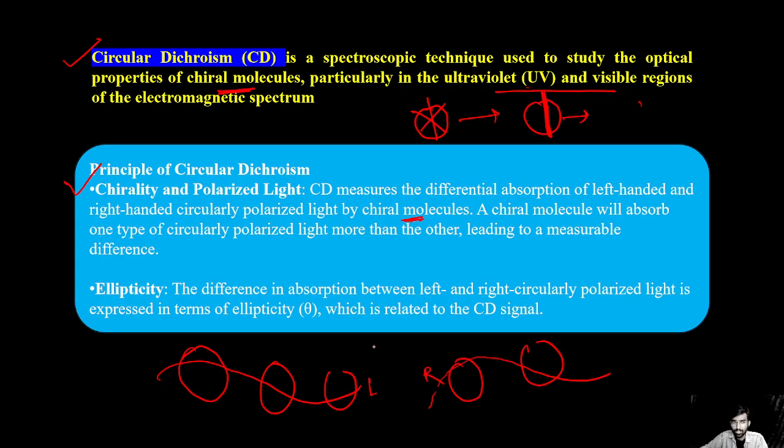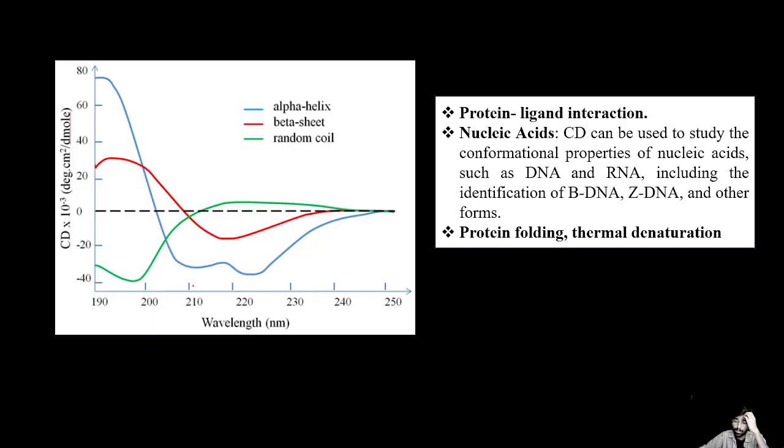We can deduct these two, left and right, and then we can get the ellipticity, right? So through circular dichroism, you can find out secondary structure. In this technique, the only important thing for you is to understand the basic principle and then the application, how you can apply.